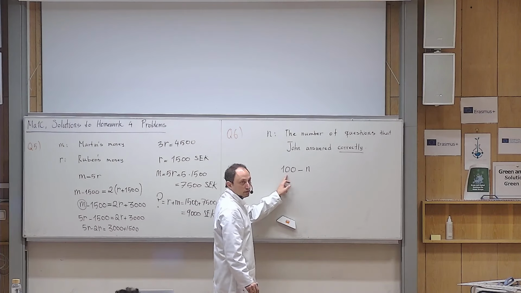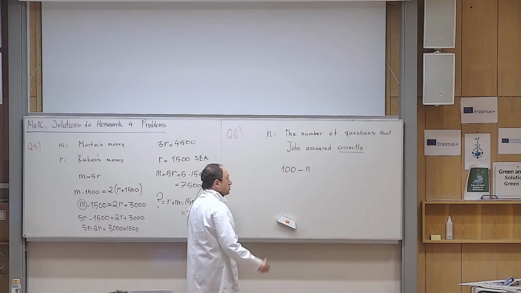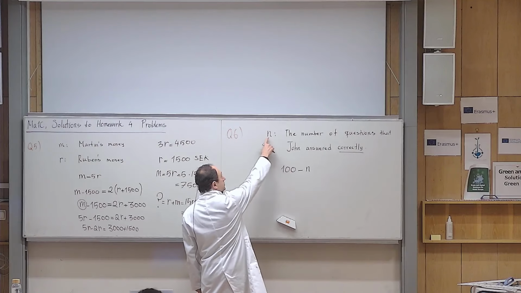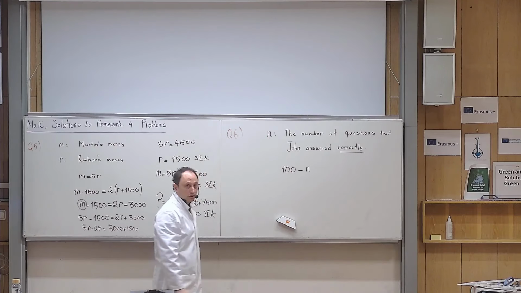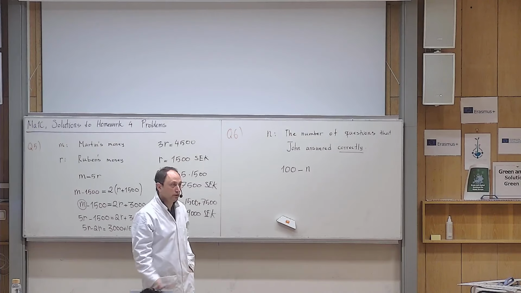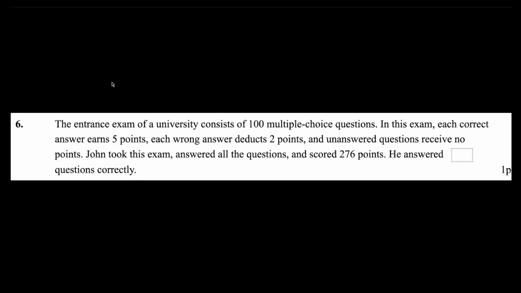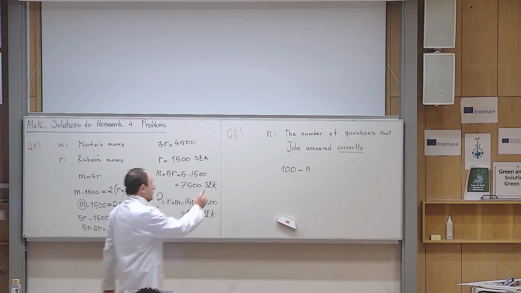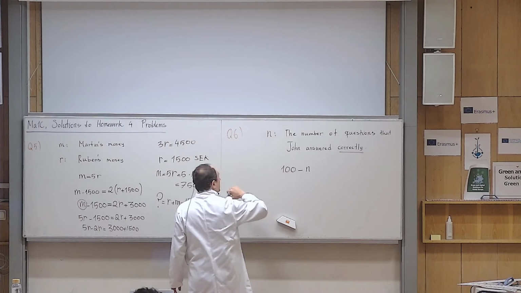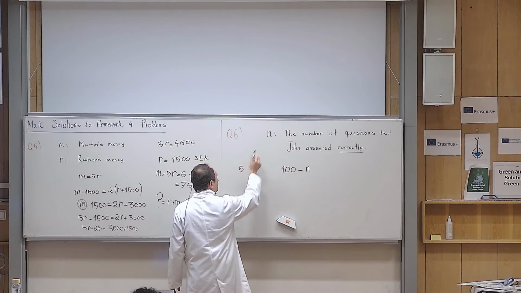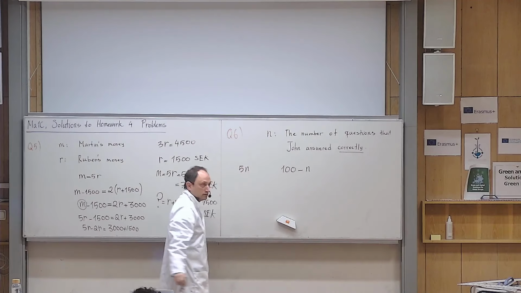Do you agree? Okay. But then the total point is 276. If John answers n questions correctly, how many points will he earn? According to the problem, every correct answer gives you 5. Every wrong will give you -2. So John has answered n questions correctly, so the points that he has earned because of that is 5n.